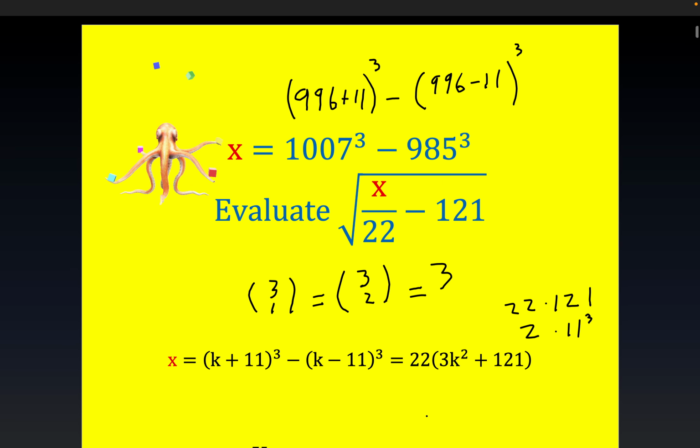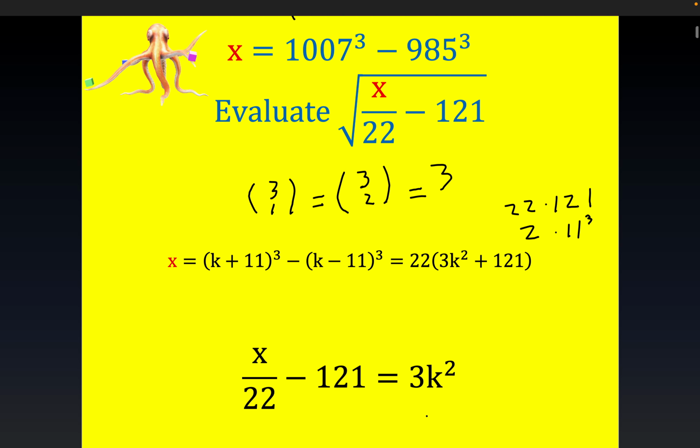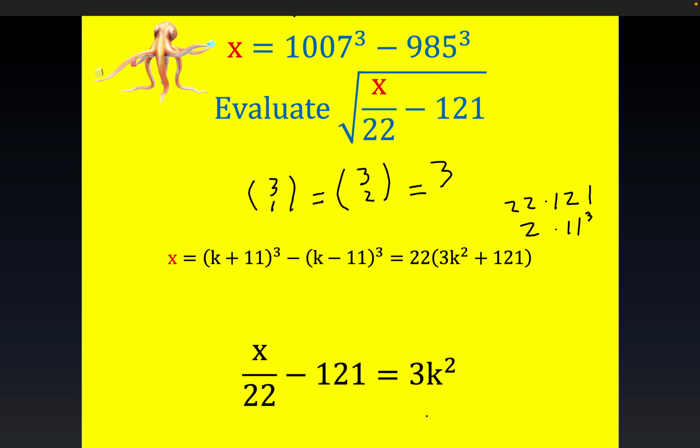Okay, so let's move along. You see it's fairly straightforward at this point. You just strip everything away. You divide through by 22 first and subtract 121, and you almost get the radicand up here. Its form is a very pleasant form as far as the nature of the problem goes.